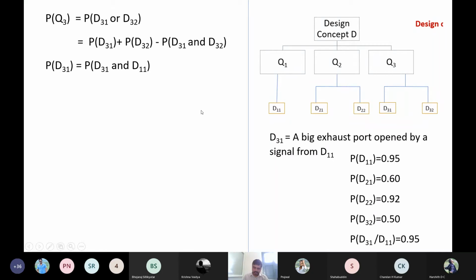The reason is D31 depends on D11. That means if the system has to work, it has to get a signal from D11.